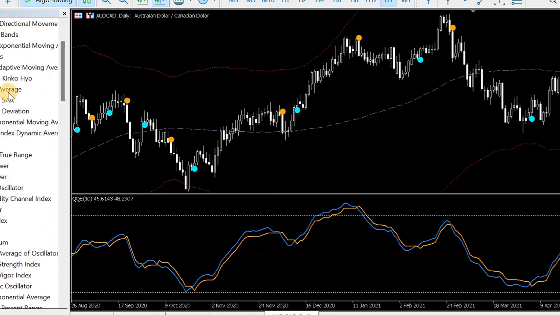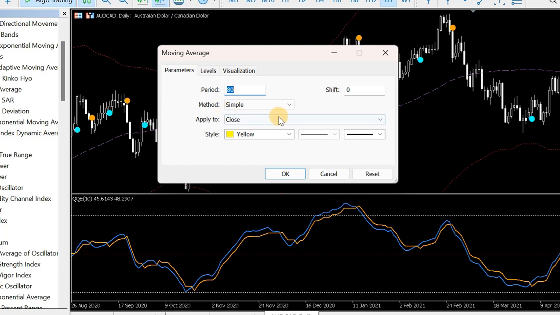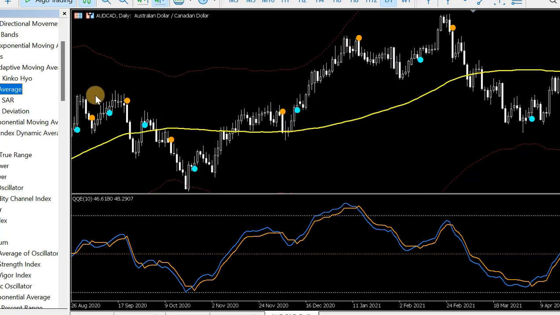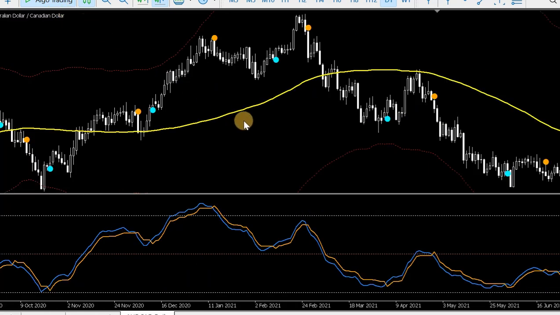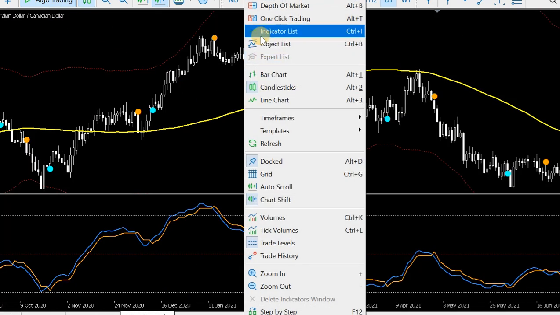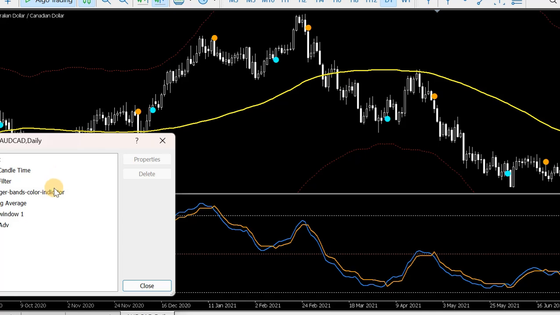Moving average, 80, yellow, simple. There you go, it's the same, so it's the equivalent of an 80 simple moving average, but we don't need it, so we'll get rid of it, because we've already got it.